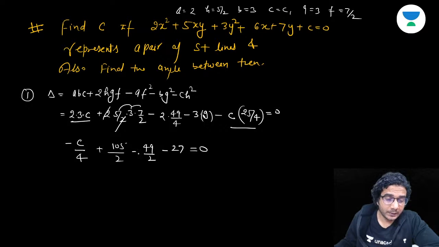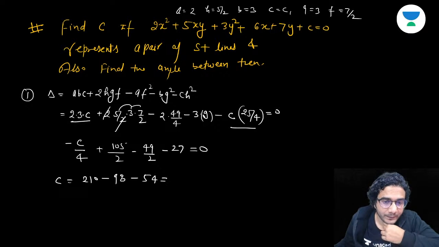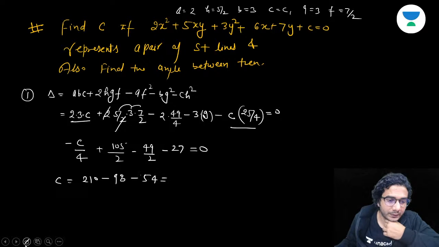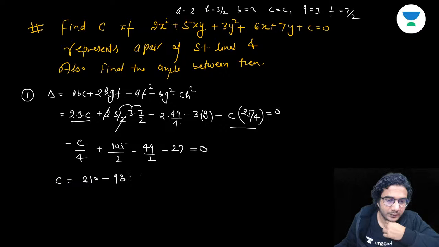Multiplied by 4, then C is equal to 210 minus 49 into 2 is 98, minus 27 into 4, sorry, so that is going to be 108.